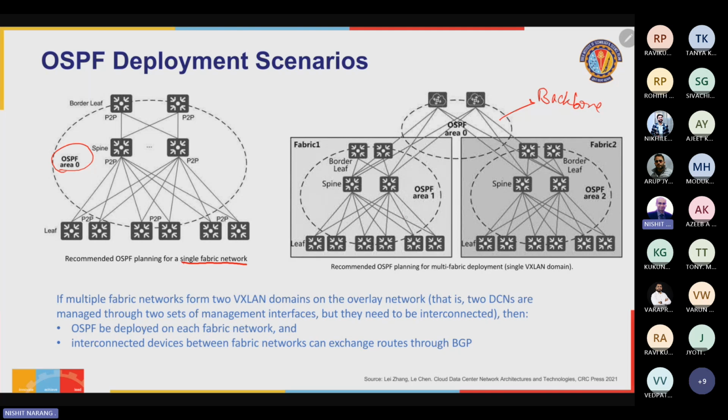This is one deployment. Now, it's also possible to see the multi-fabric network like we see in the picture on the right-hand side. What are we seeing there? This is one single VXLAN domain, meaning a single instance of the VXLAN protocol runs across both fabrics and the super spine.